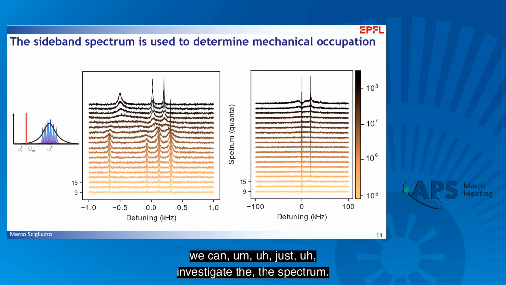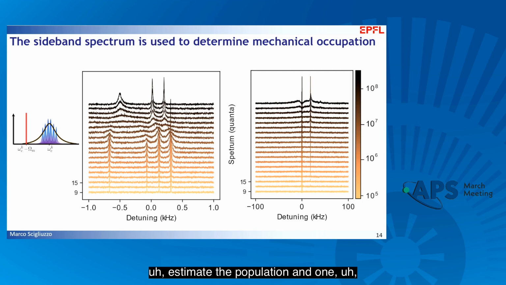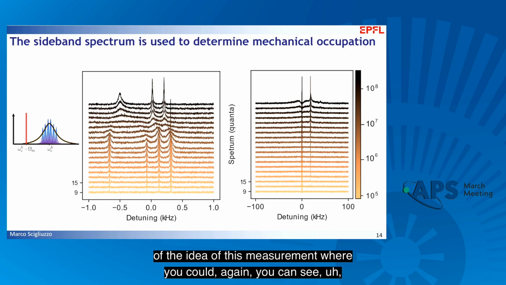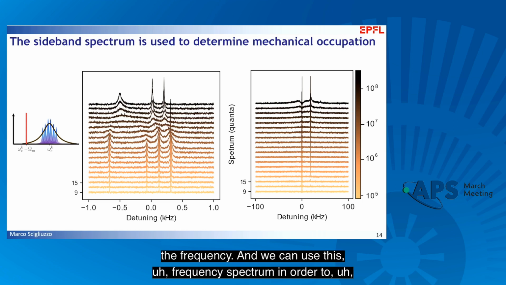As well, we can just investigate the spectrum. We're also interested in the spectrum because through the sideband we can estimate the population. One of the ideas of this measurement, where again you can see all 5 resonators very close, and on the left panel is just the zoom of the frequency, is that we can use this frequency spectrum in order to obtain the mechanical occupation of the collective modes.